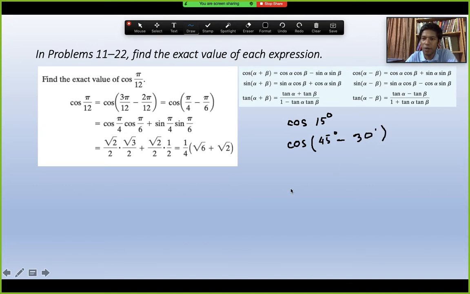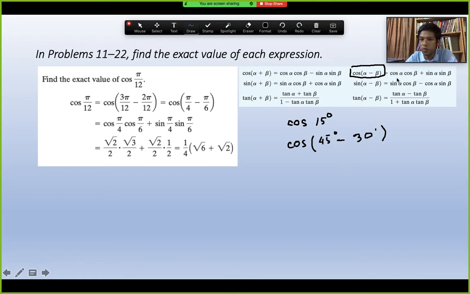45 minus 30. Why are we writing it this way? The reason is that for cos 45 and 30, or sine or cos, whatever it is, we know their exact values. Now see, this is cos 45 minus 30, so cos alpha minus beta. This formula is matching here. See, alpha minus beta, alpha minus beta.